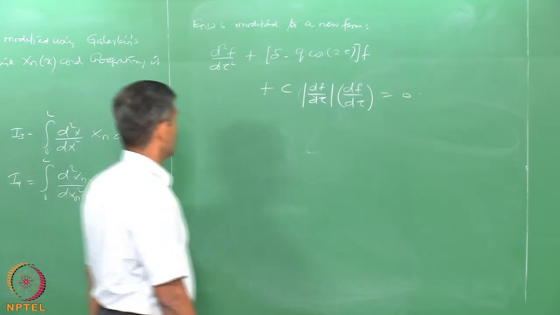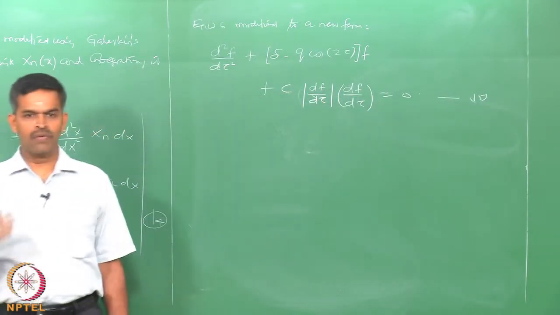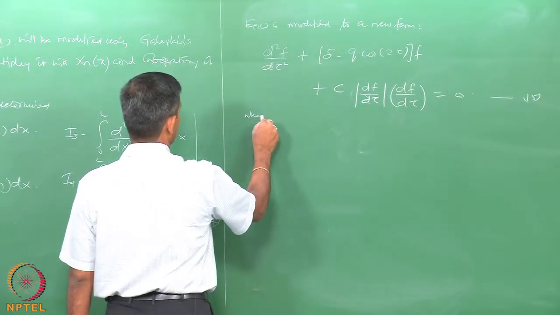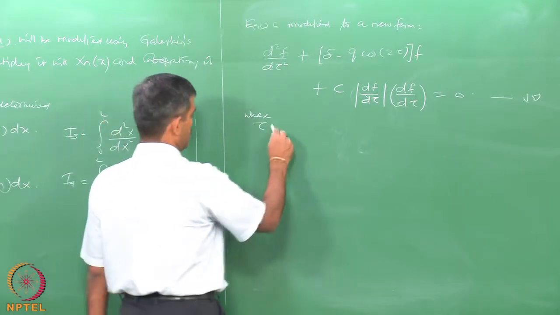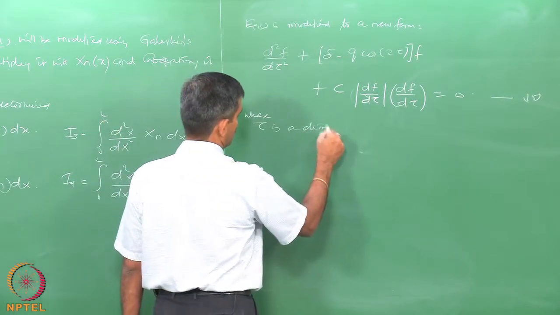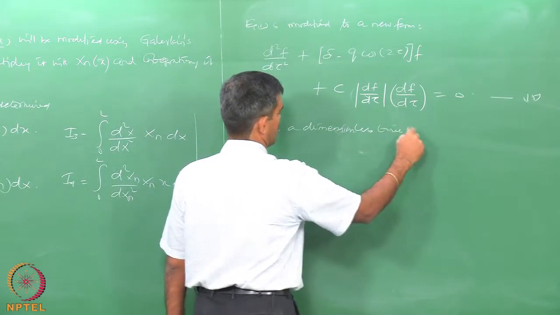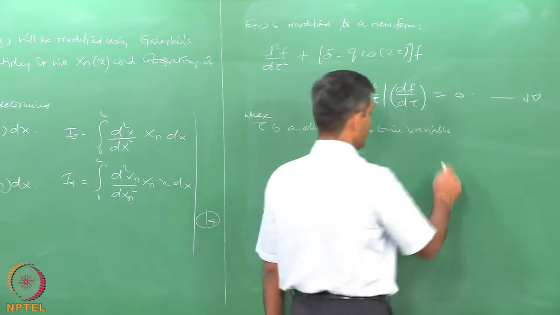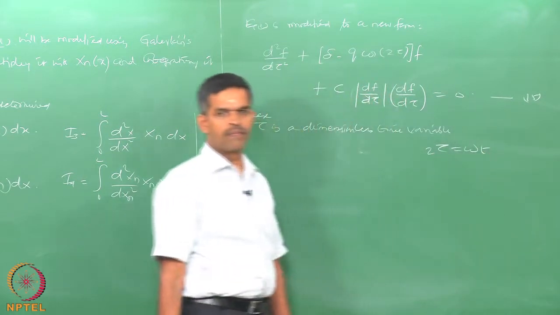Let us say I will call this equation number 15, which is a modified form of equation 1. In the above equation, tau is a dimensionless time variable, which is 2 tau is omega t.